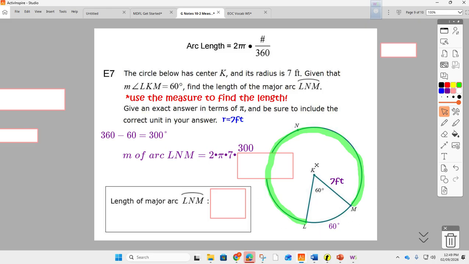So on your calculator, 2 times 7 times 300 divided by 360, and don't forget the equals button.